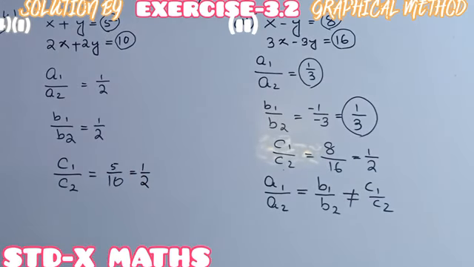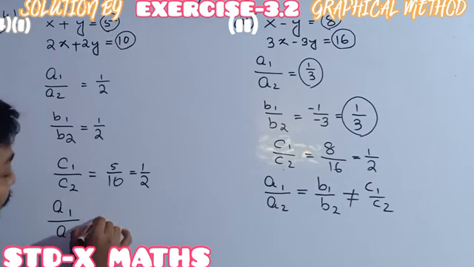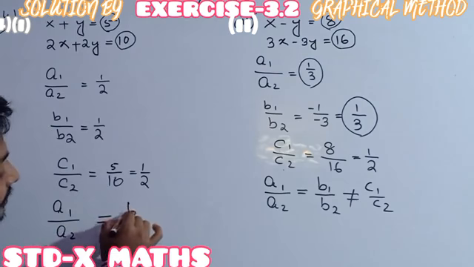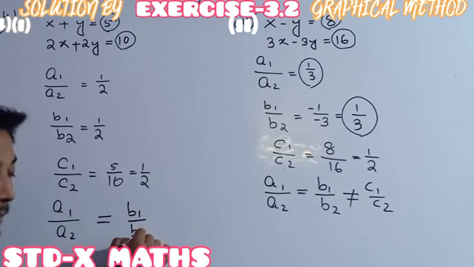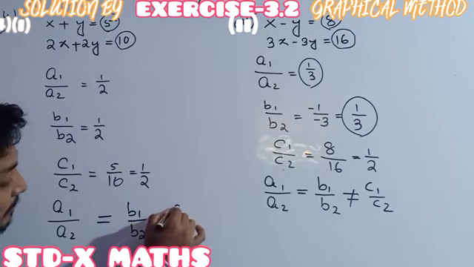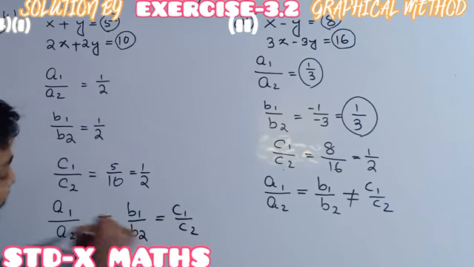Here one thing we have observed, that a1 by a2 is equal to b1 by b2, and it is also the same as c1 by c2.